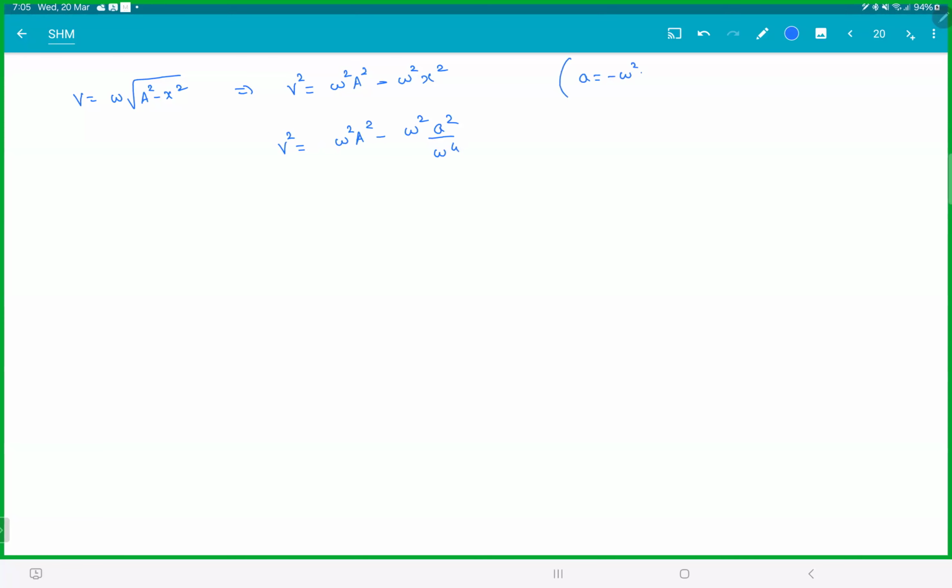A is minus omega square X, and I substituted there. This will be V square by omega square A square plus A square by omega power 4 A square is equal to 1. So this is also an ellipse. It's a non-standard graph. Generally, they don't touch this, but if at all they ask you the shape, at least that is important.